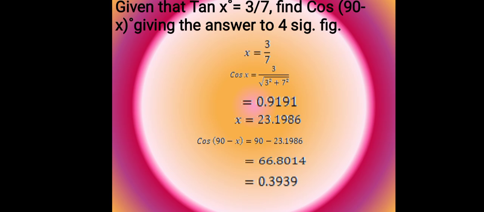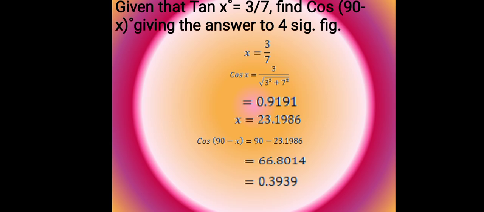Which gives us 0.9191. Looking at the tables or the scientific calculator, we get x to be 23.1986 degrees. Now cos of 90 minus x, it means we have to subtract x from 90. So our x is 23.1 degrees.